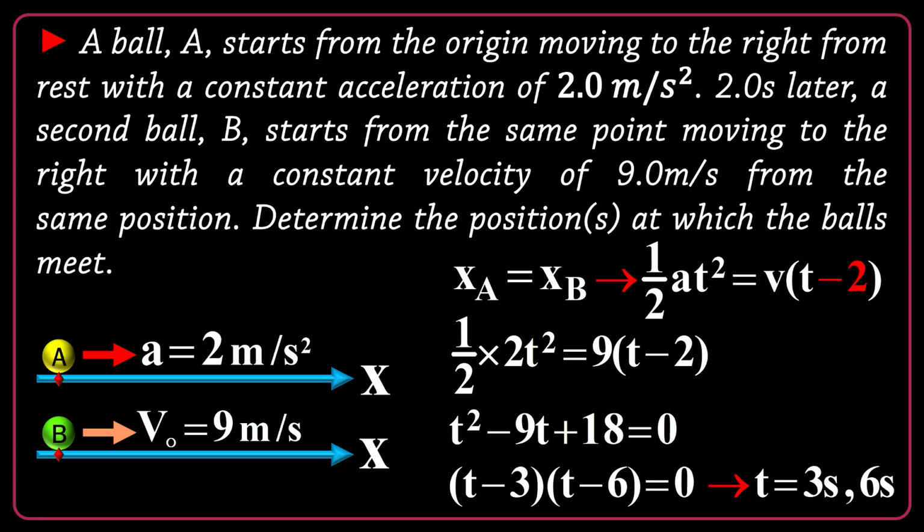They will meet twice. How to find the position of the meeting? It's very easy. You can plug in the t in each equation. Let's put it in xa, because it's basically ta. So xa is a half of a t squared, 3 to the power of 2. It's 9 meters.